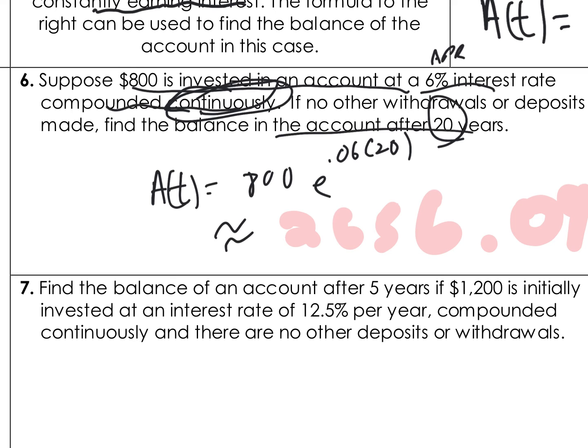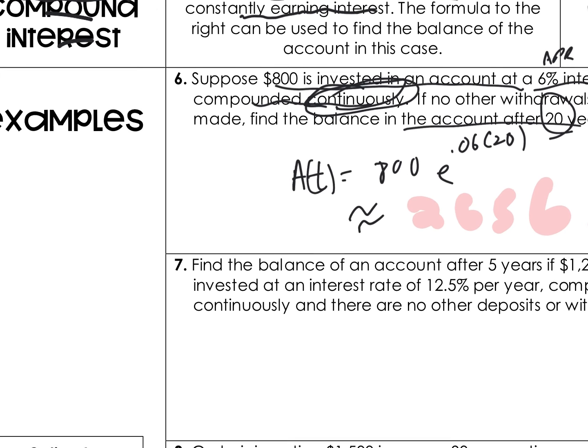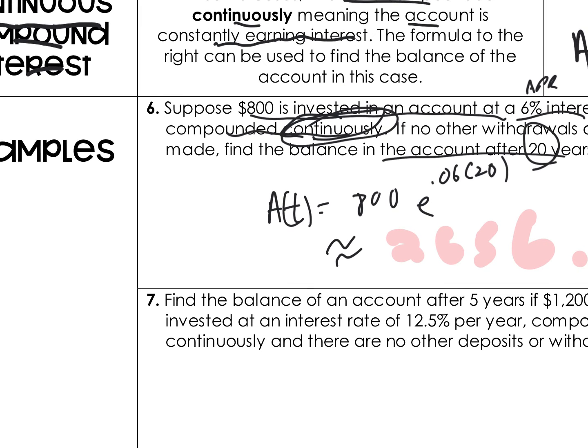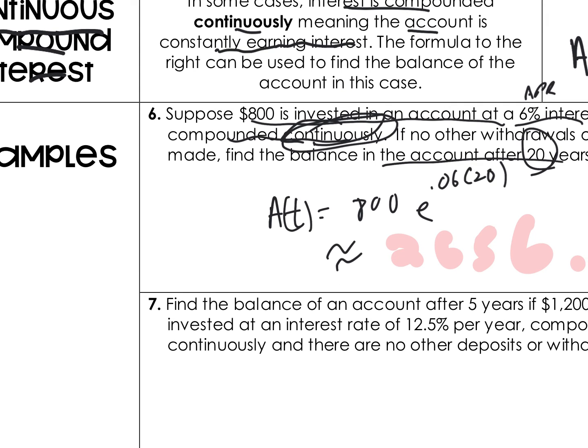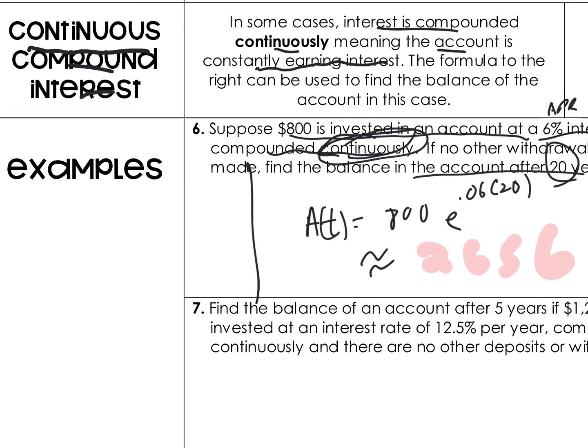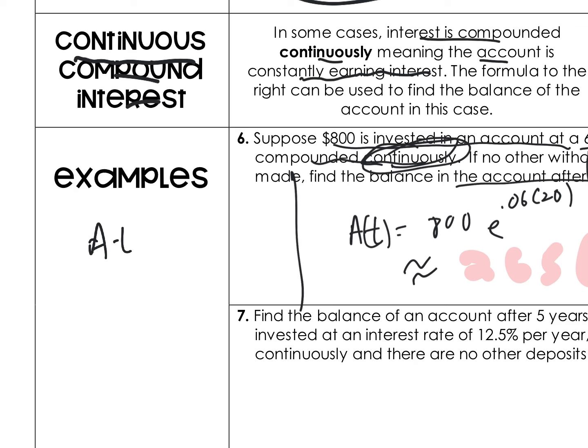Definitely does help, because we could compare this. Let's, for fun, compare this to just collecting interest once a year, the amount of money in the future being 800 times 1 plus the interest rate, 0.06. And let me compound it once. That means divide by 1, raised to 1 times 20, or 20.